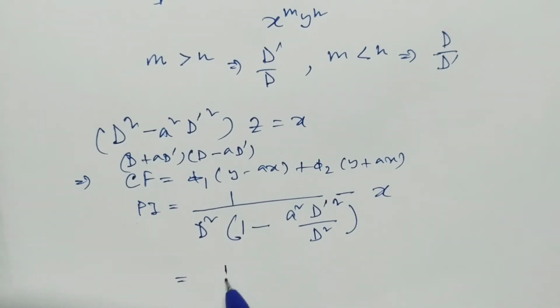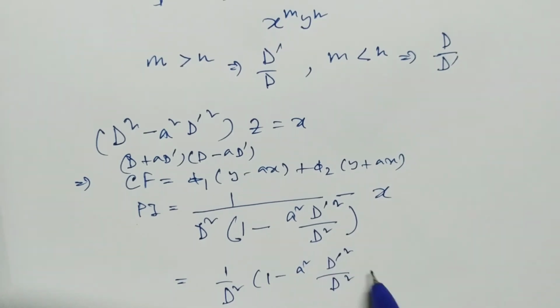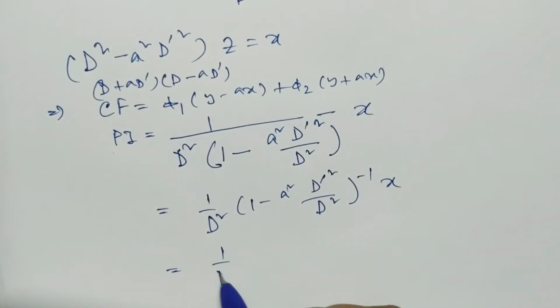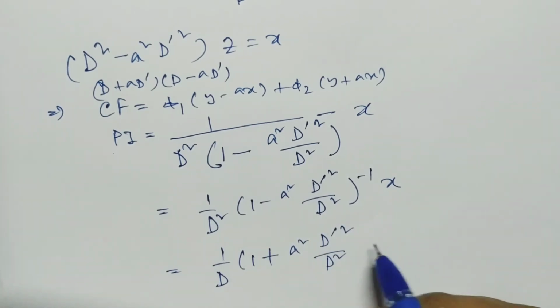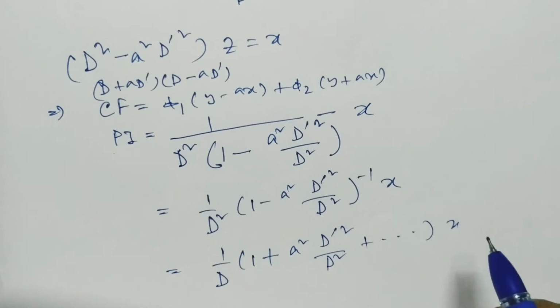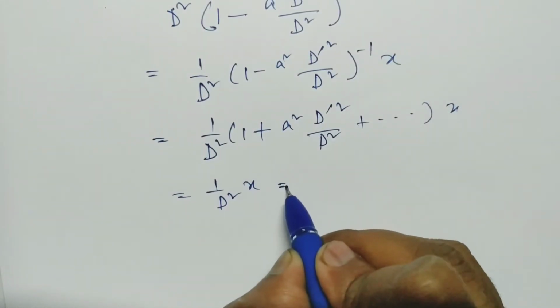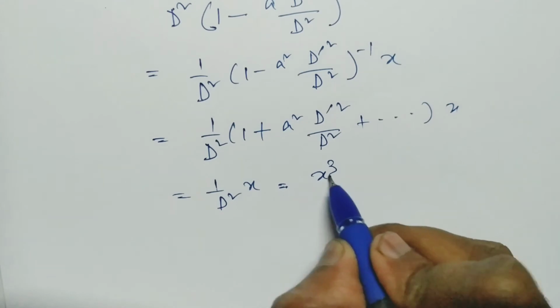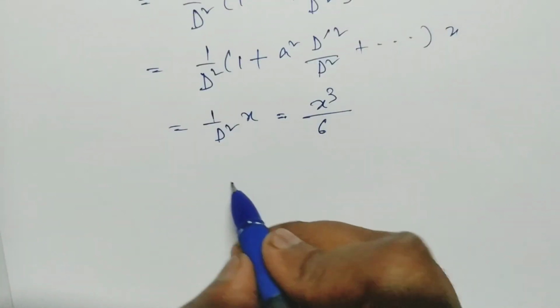So we can write it as 1 over D square, 1 minus a square D dashed square over D square to the power minus 1, on x. So the expansion is like 1 plus a square D dashed square over D square etc. on x, and the only remaining term is 1 over D square x, and double integration gives x square, x cube, and 2 times 3, that is 6. This is the PI.